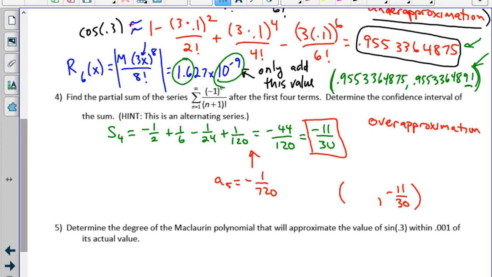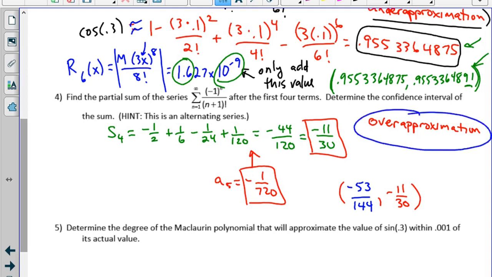So then I want to subtract 1 over 720 and figure out what the smallest possible thing could be for my confidence interval, and that's going to be negative 53 over 144 if I subtract it. So my confidence interval is negative 53 over 144 to negative 11/30ths, and I don't have to add the next term because I know that this is an over approximation.